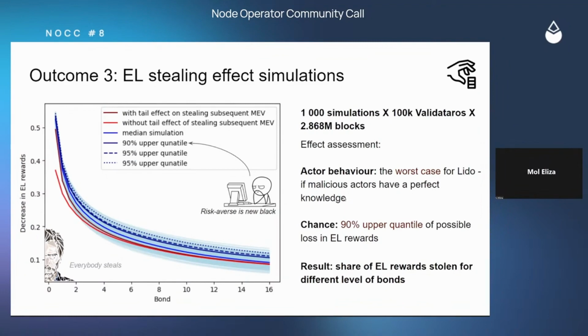We get the worst luck on actor behavior, in terms of everybody who can steal economically, getting more ETH than the bond provided, would do this, and create this basic curve which shows what amount of EL rewards would be stolen for different levels of bond. This is again a framework that could be used to assess the impact of this attack existing on the protocol.